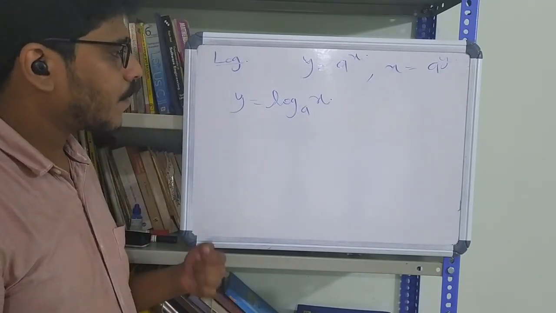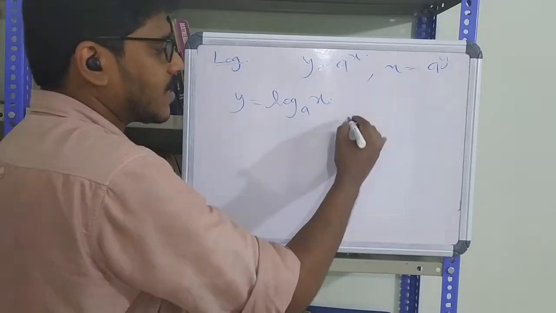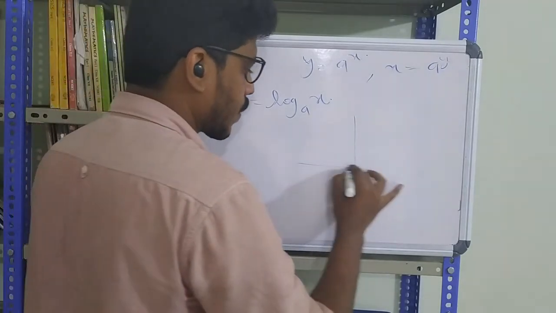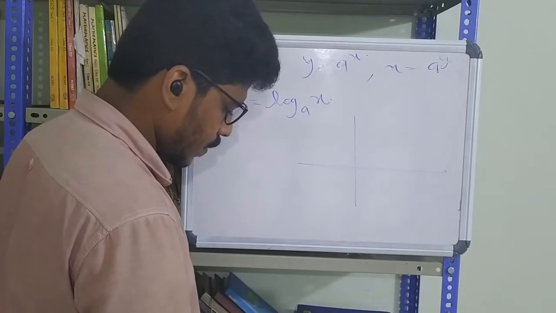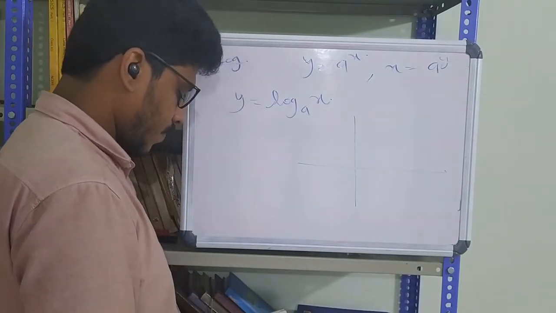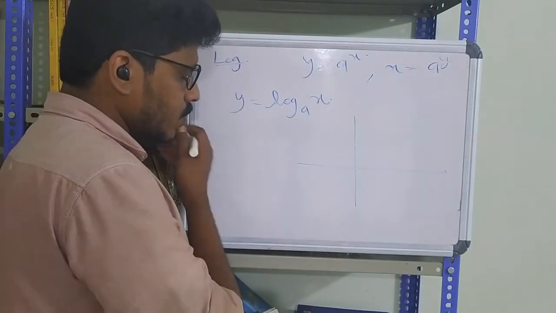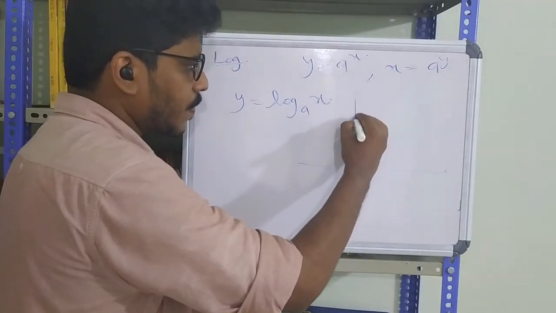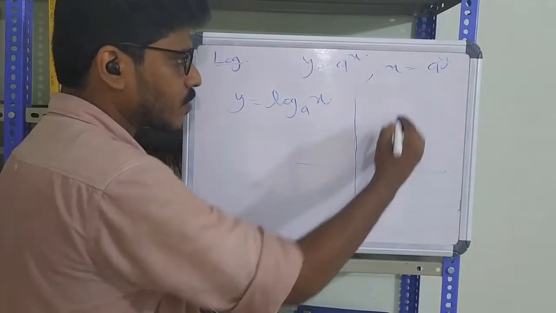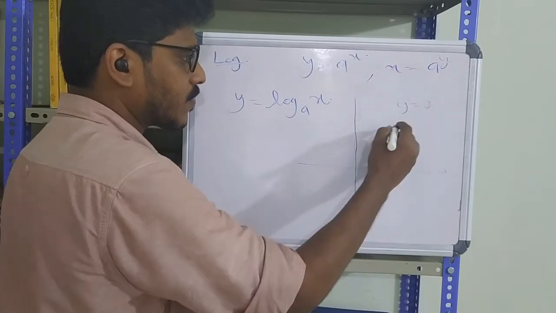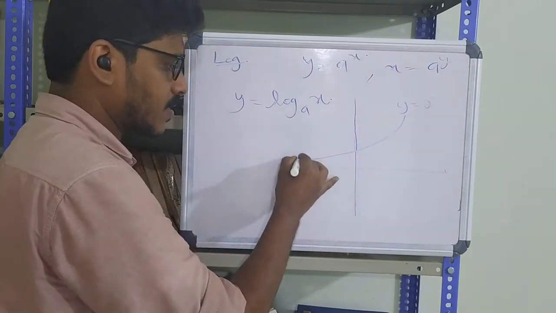As for the exponential function, let's see the graph. Let's first sketch the graph of y equal to 2 raised to x, which we have seen is of the form like this.